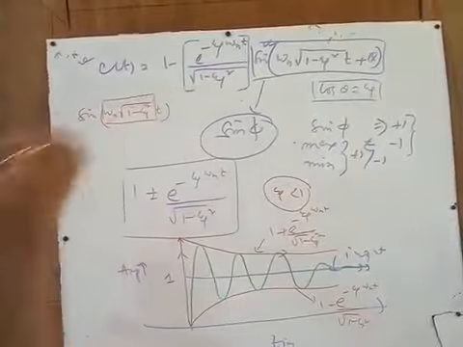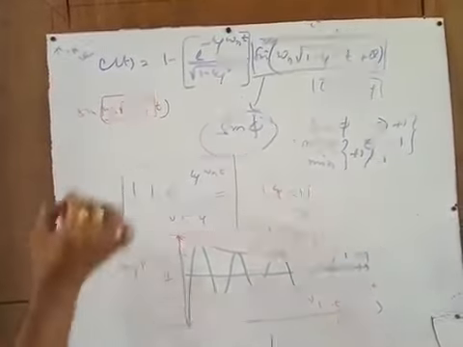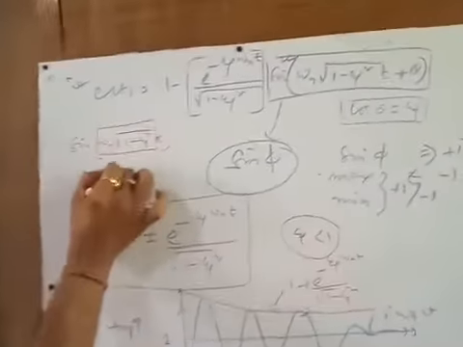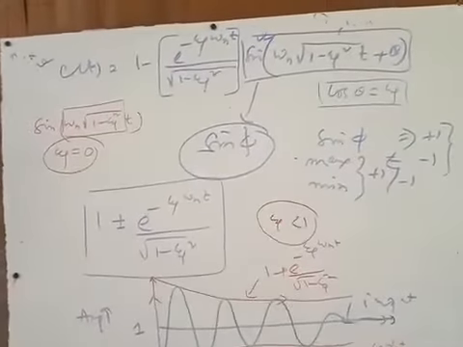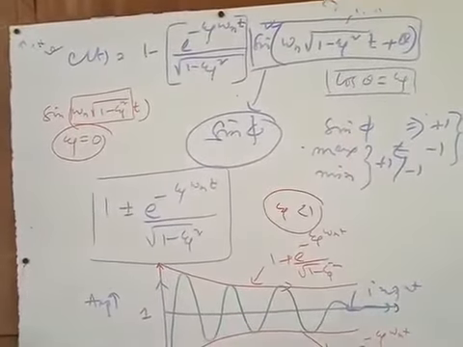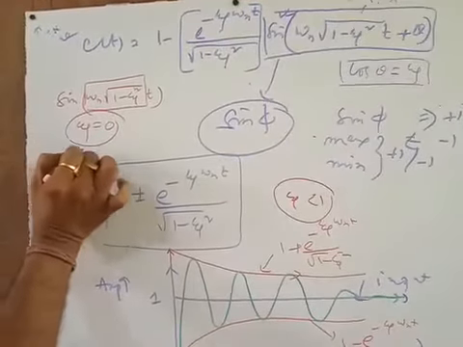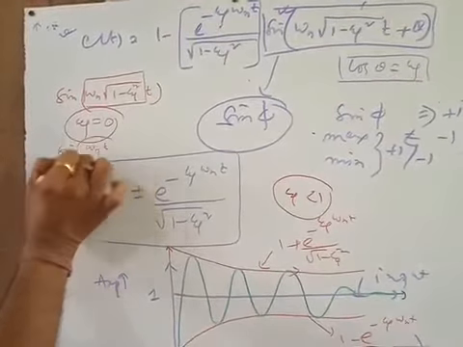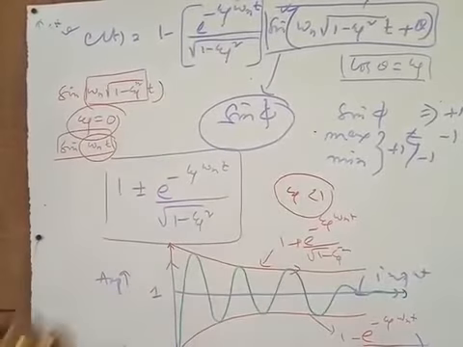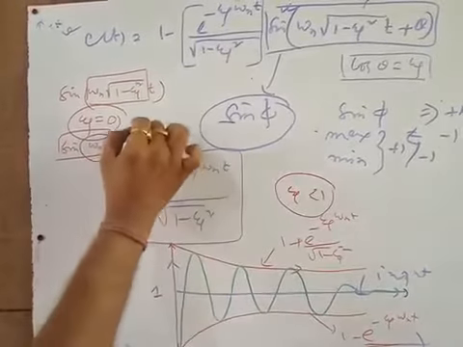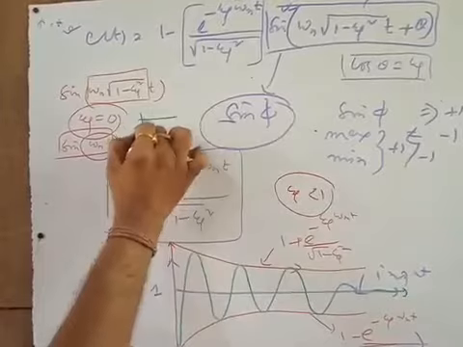If xi were absent, that means if the value of xi is equal to 0, that is undamped oscillation, which means there is no damping. So we get sin of omega n t. So the nature of the output signal would have been like this.